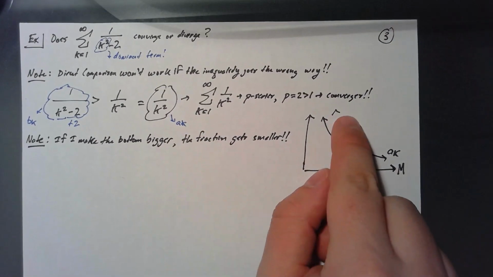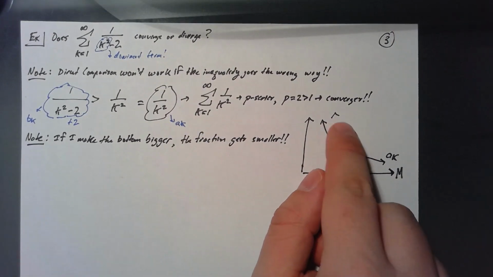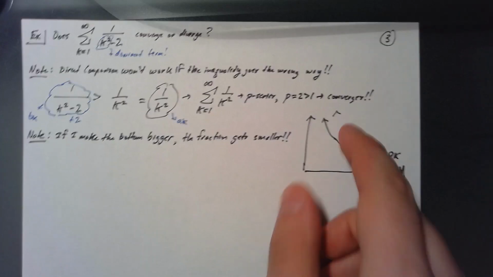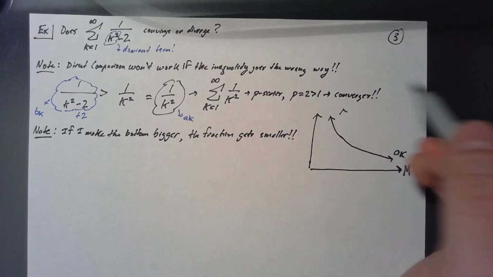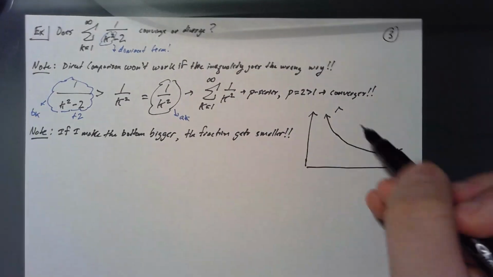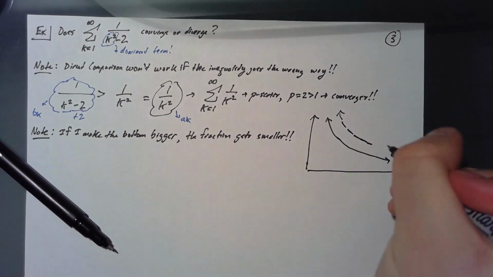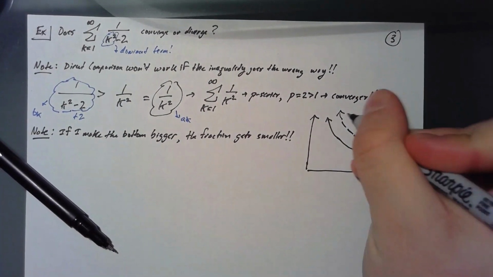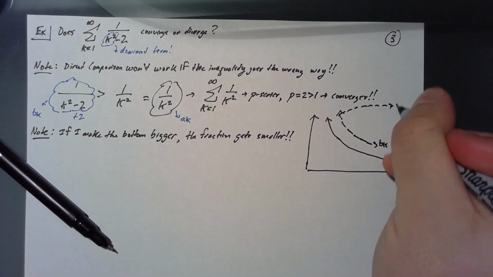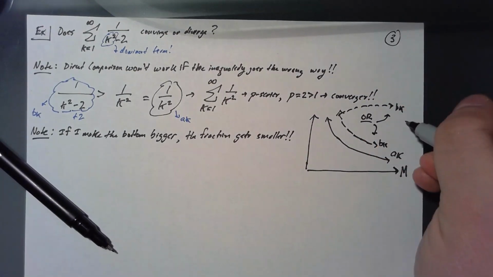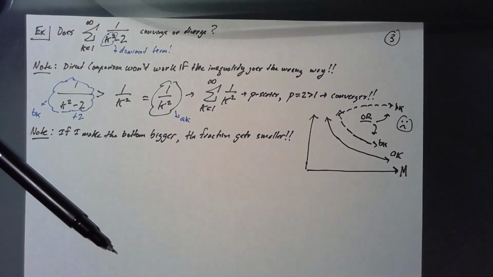But if b of k is above it, that doesn't mean it's going to converge, because it's not caught underneath it. It's actually above it. b of k could converge or could diverge. So b of k could do this, or it could do this. So this is not set up correctly.